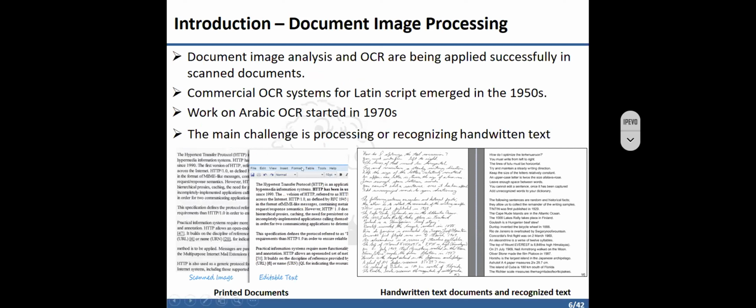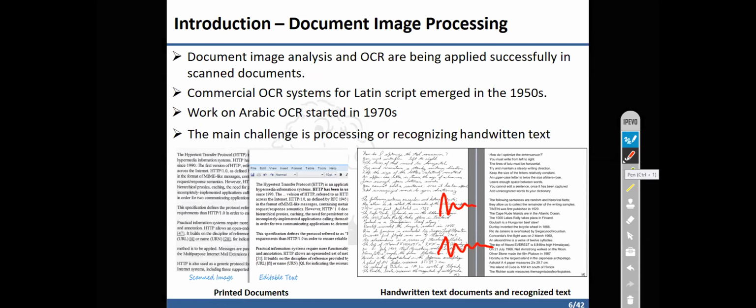Printed text means the image is very simple, like computer generated scripts or a newspaper kind of image where there is no handwritten cursive text. If you scan it or take a photo and then use that software, it will translate that image to an editable text.